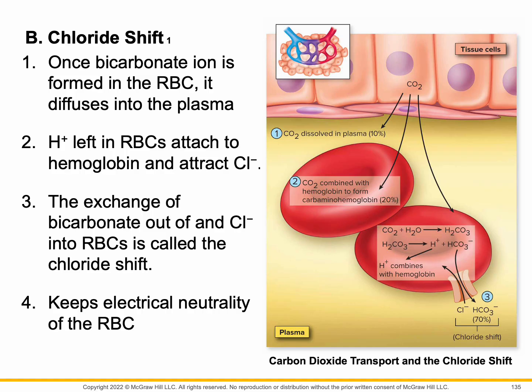The hydrogen plus combines with hemoglobin, and the bicarbonate, which is 70%, is released out into the plasma. Chloride enters in. This is the chloride shift.